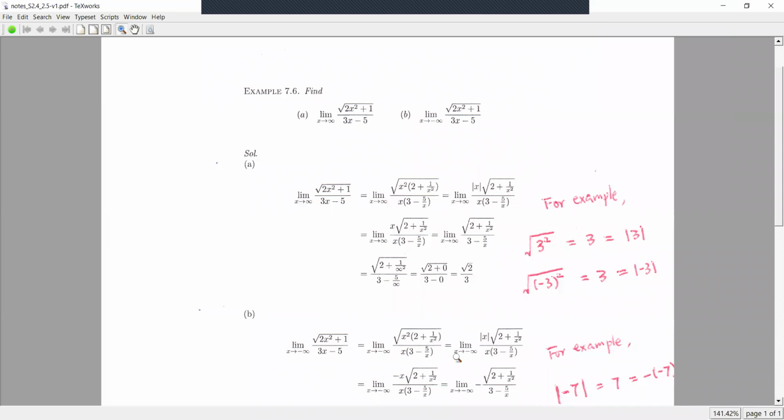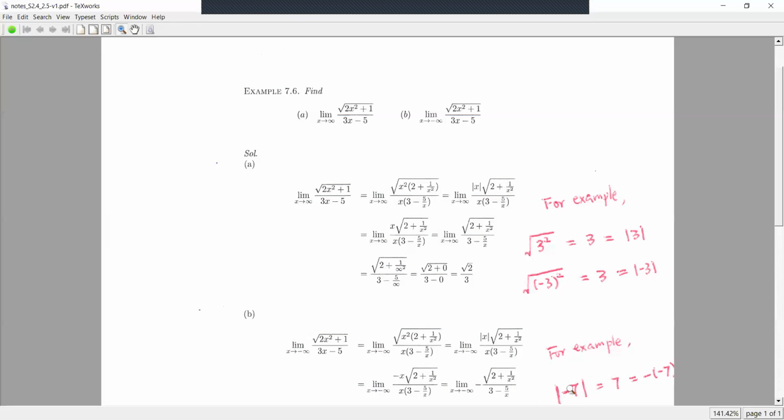Now, because x is approaching negative infinity, x is negative. The absolute value of x is positive. x is negative. To make them equal, we need to add a minus sign in front of x. x is negative; negative x is positive.